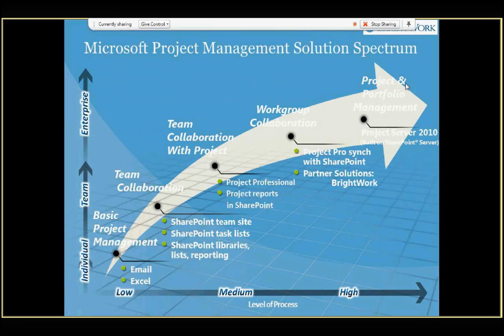So let's talk a little bit about where we fit in what we call the project management solution spectrum. And this is actually a Microsoft slide. I think when you're in an organization, you see many different levels of project management.